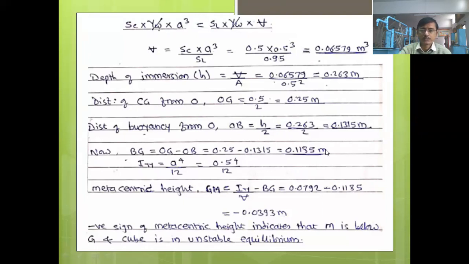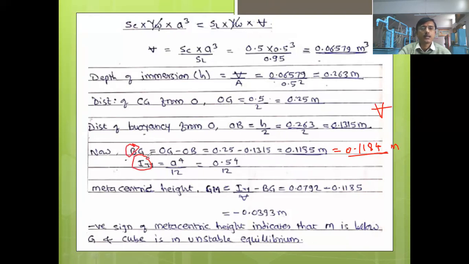BZ ची व्हॅल्यू बरोबर आहे म्हणजे व्हॉल्यूम ऑफ वॉटर डिस्प्लेस पण बरोबर असणार आहे. 0.1184. म्हणजे आपल्या दोन गोष्टी आता भेटल्या या ठिकाणी. एक म्हणजे व्हॉल्यूम ऑफ वॉटर डिस्प्लेस V पण भेटलं आणि BZ पण भेटलं.